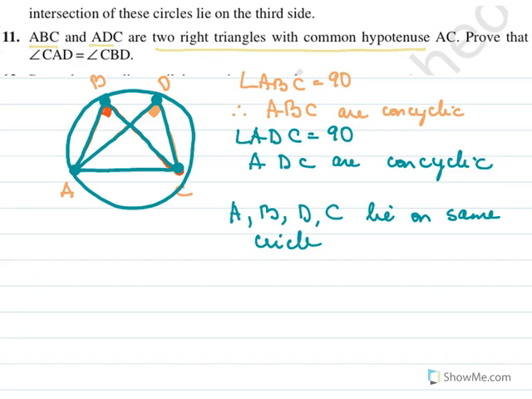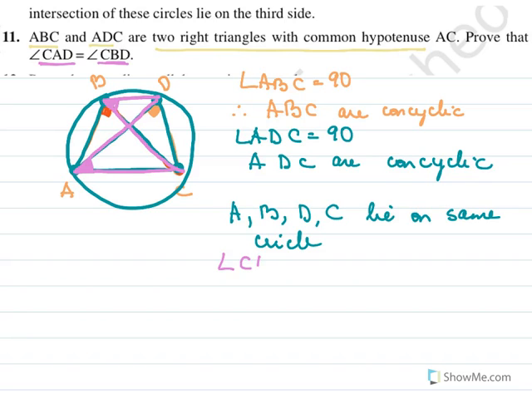Now I need to prove that angle CAD equals CBD. Now where is CAD? This is CAD. This angle equals CBD. And these are equal because they are angles in the same arc.